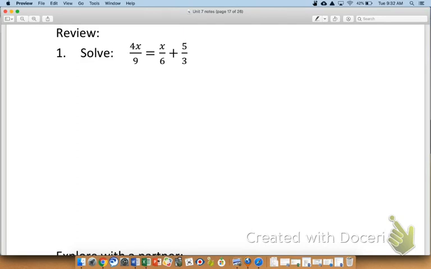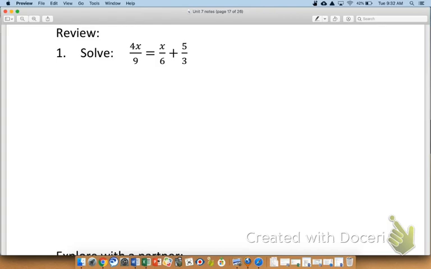Let me propose this to you. If I could give you a way to make it go from something that has fractions to something that doesn't, would you go for that? Doesn't it make it easier? Okay. So a lot of the skills we've been working on are going to help you here. Your denominators are 9, 6, and 3.